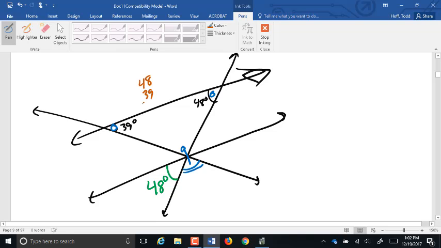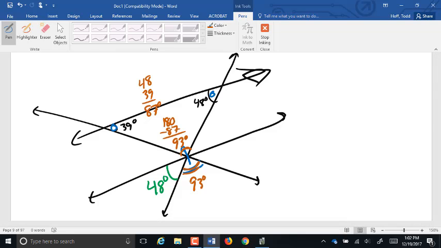So 48 plus 39 is 87 degrees. So this is 180 minus 87, that's 93 degrees for that angle. That means this one is 93 degrees. Make sense? There's a lot of different combinations you can find in these angles, a lot of kind of puzzle pieces you put together.